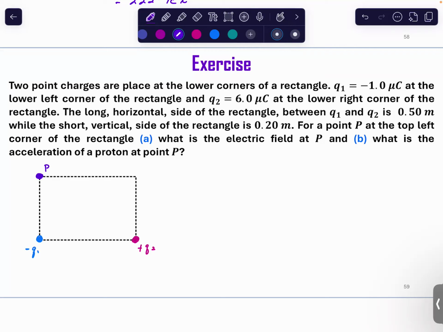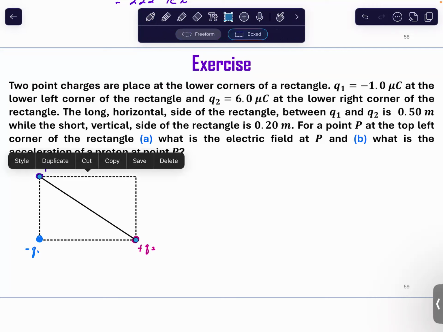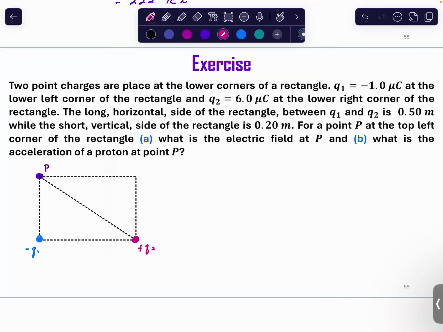Now, the line connecting P to Q1 is fairly obvious. What about the line connecting Q2 to P? Yeah, so it's going to be the diagonal of the rectangle. So we're going to need that. We'll just call that distance D for right now.